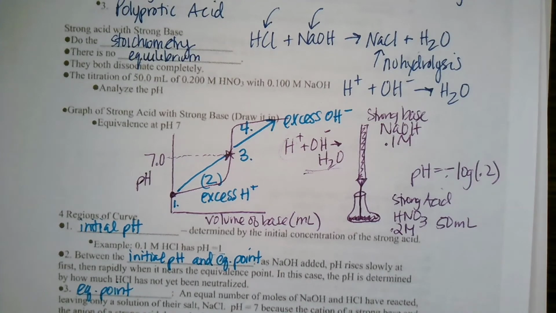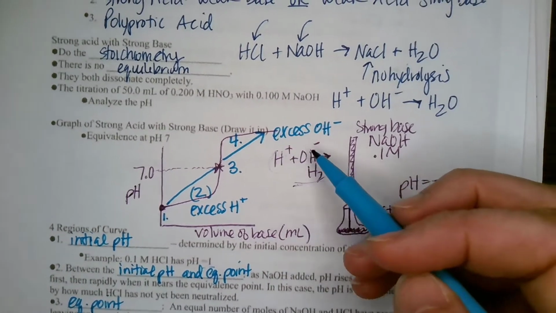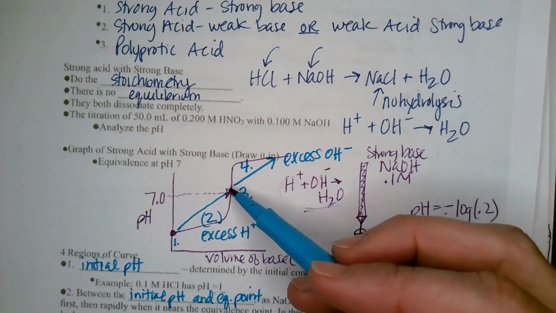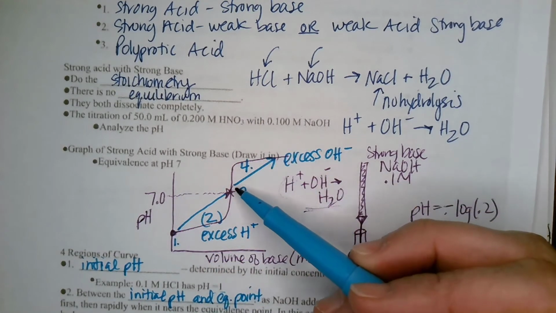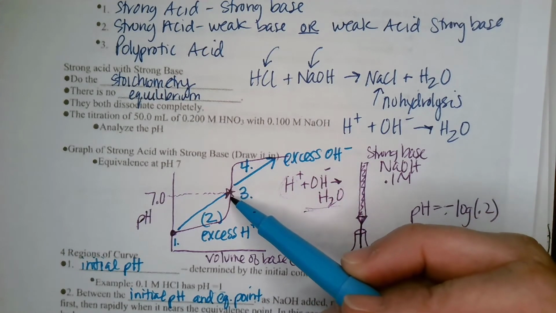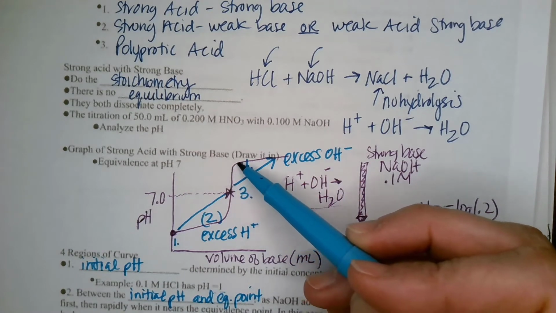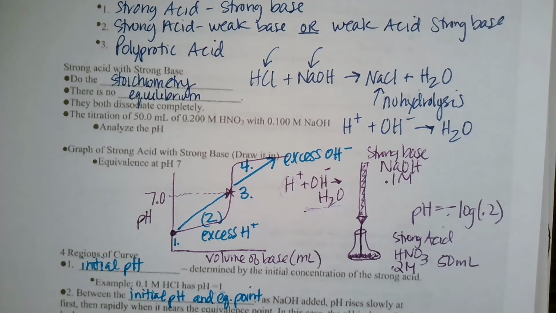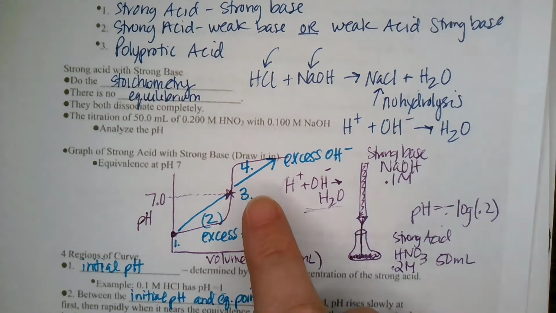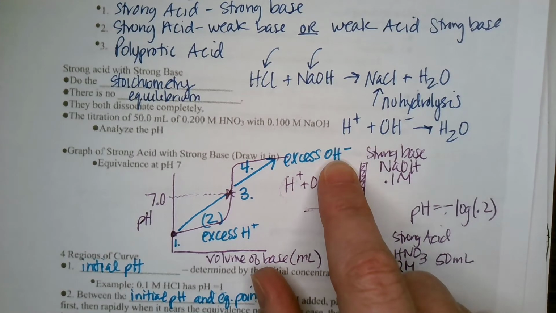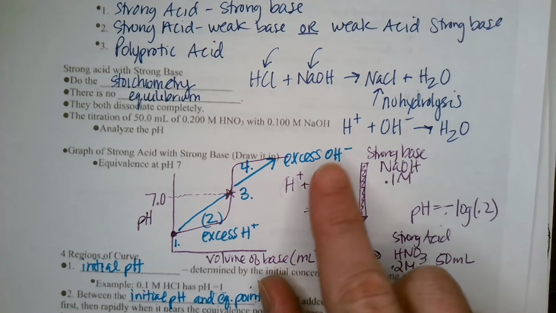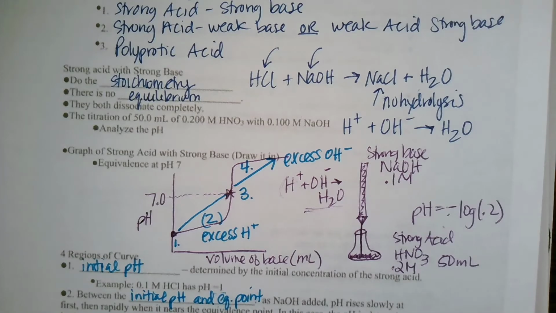And because we have excess base, we know that that's going to drive our pH up. We know base is pH greater than 7, so because we have excess base, that's when our pH dramatically increases. So that would be the negative log of OH, which would give us the pOH, and then we would need to flip it to find pH.